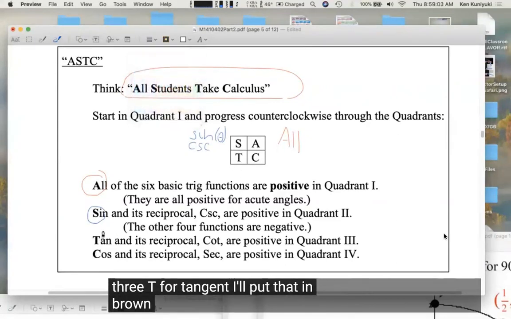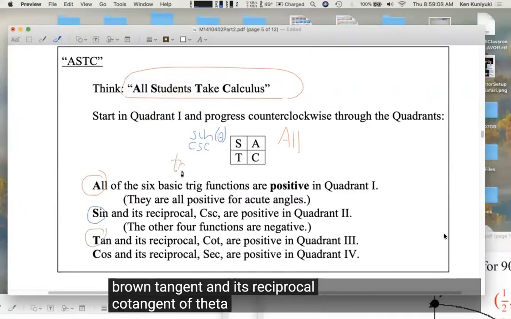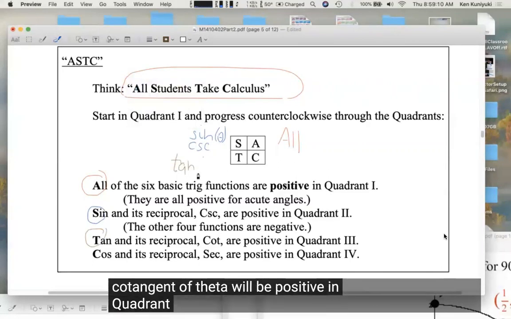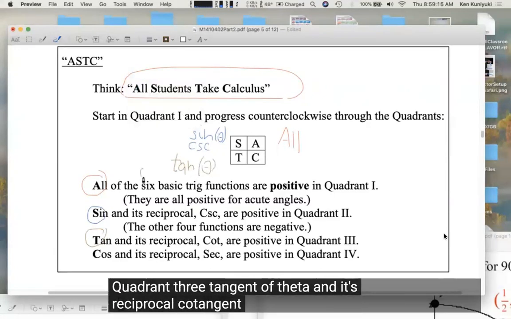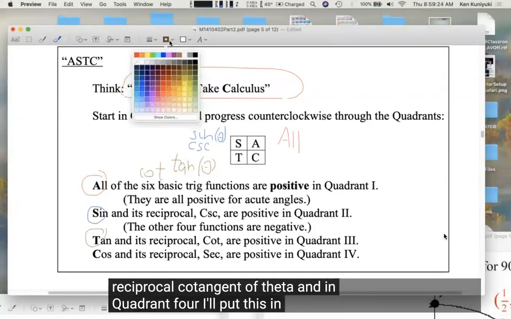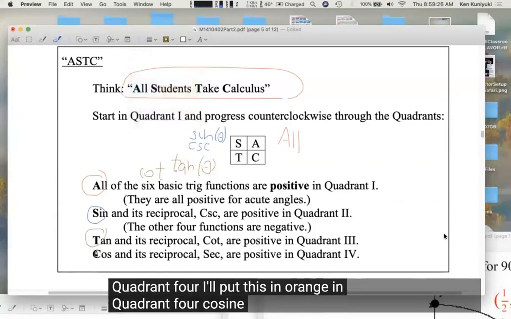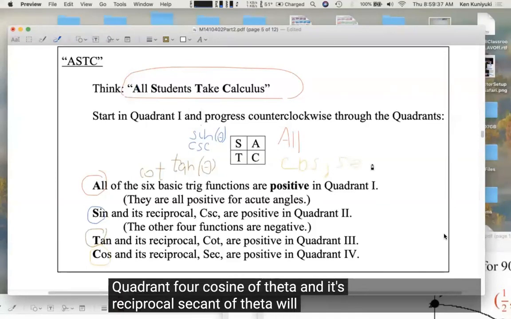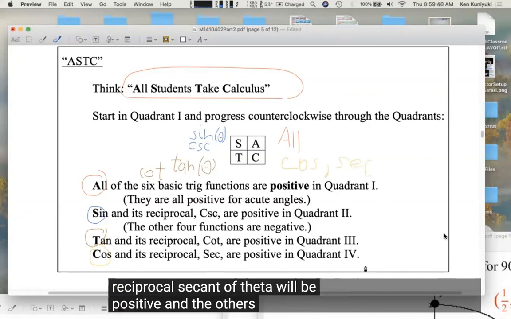Tangent and its reciprocal cotangent of theta will be positive in quadrant 3. And in quadrant 4, I'll put this in orange. In quadrant 4, cosine of theta and its reciprocal secant of theta will be positive. And the others would be negative.